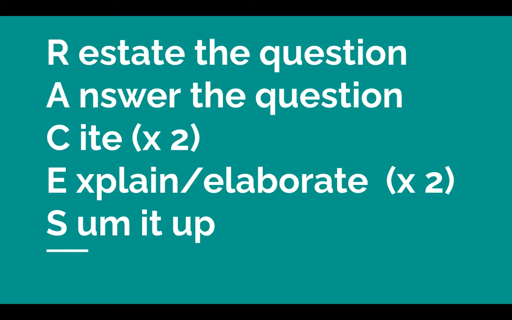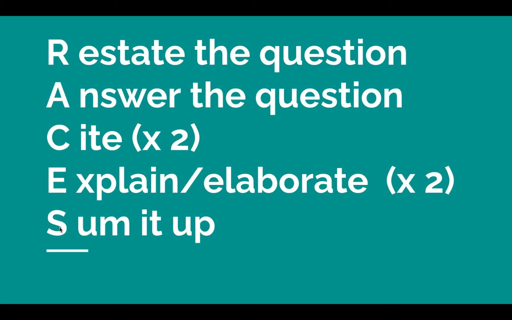Okay, so I'm going to give you guys a formula that will help you write the 2 out of 2 short response every single time. It's called RACES, but I'm going to ask you to do the C and the E part of this procedure 2 times in your short responses. So you can imagine it would almost be RACECES.